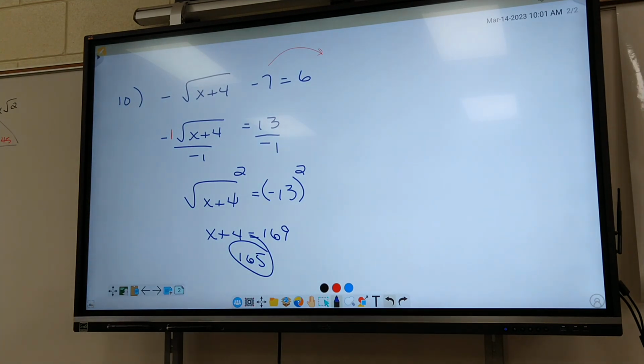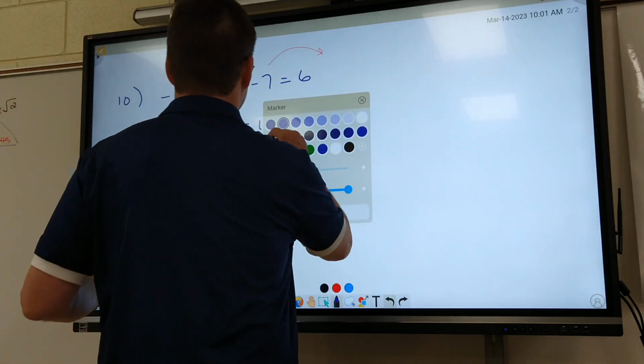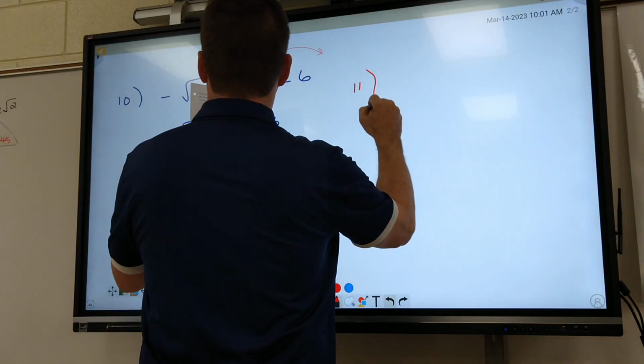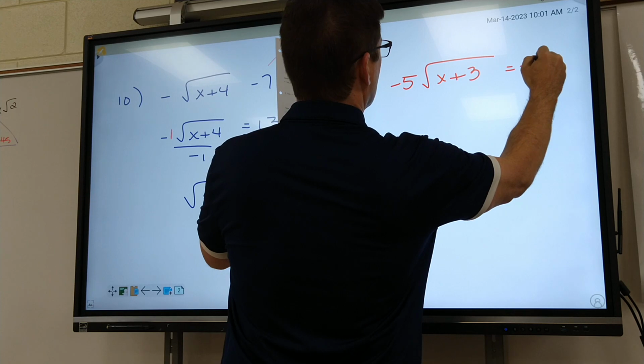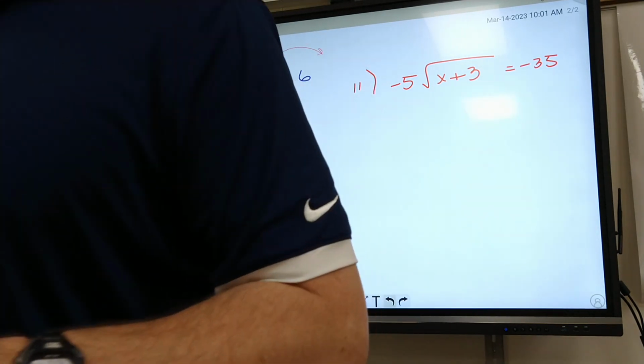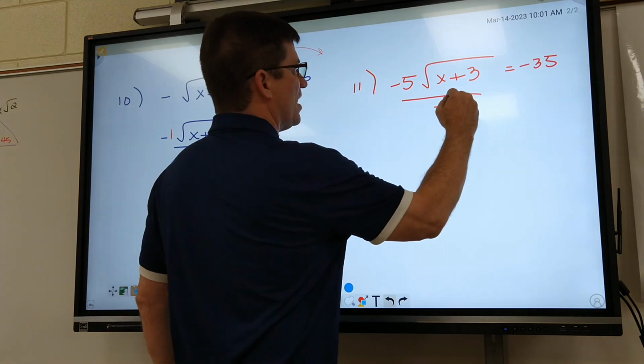Pretty much just like number 10. First step, let's divide both sides by negative 5.